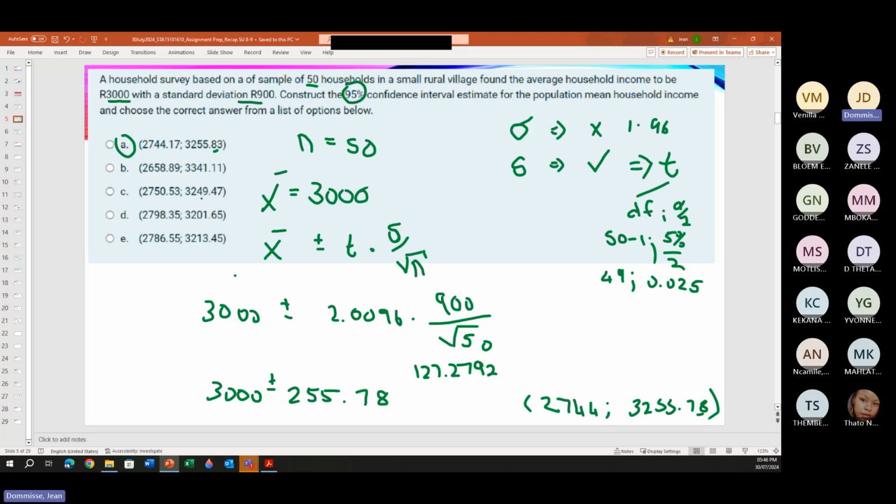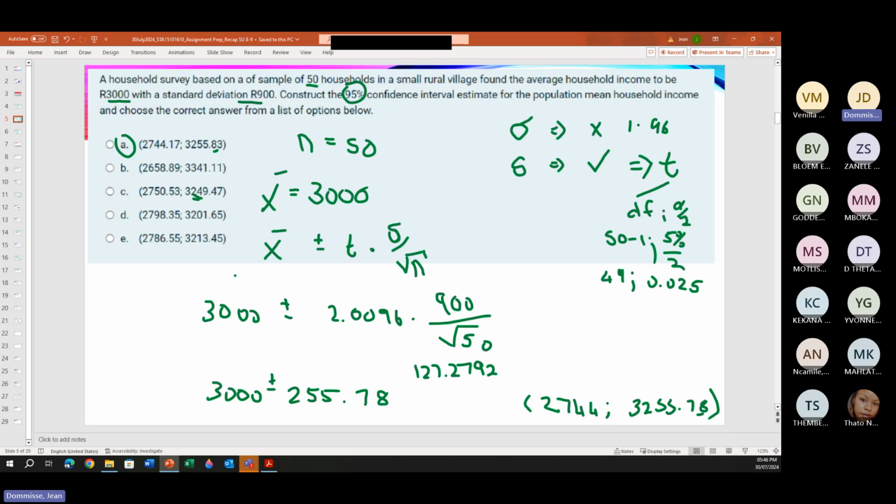Okay, then we would have gotten to option C. So if you used the 1.96, we would have had option C as your answer.